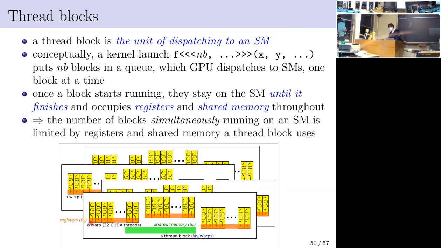So the point here is, each thread block needs to occupy some amount of registers and some amount of shared memory while it is running. And a single streaming multiprocessor has only so many registers and only so much shared memory. So this clearly limits the number of thread blocks you can simultaneously have on each streaming multiprocessor.